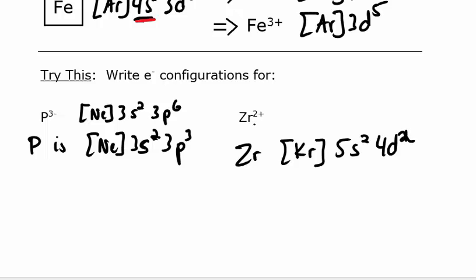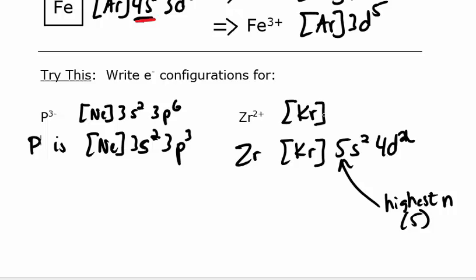So if we're taking 2 electrons out, they're going to come out of the highest n, which is 5. There's 4d, but that's an n equals 4. So then the configuration will become krypton 4d2, since we took out those 2 electrons from the 5s.